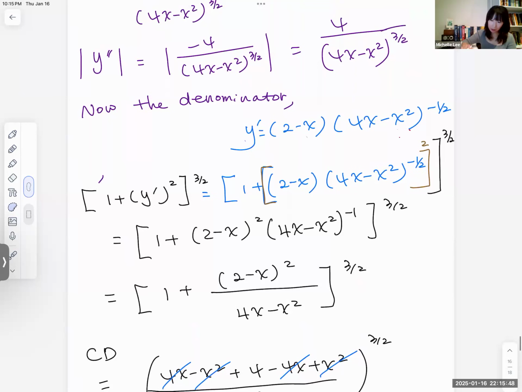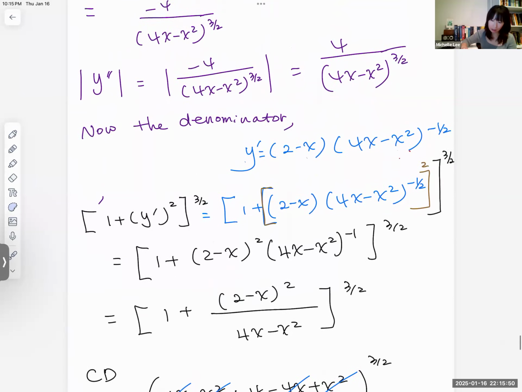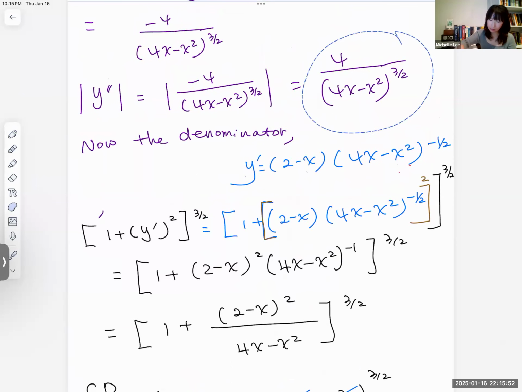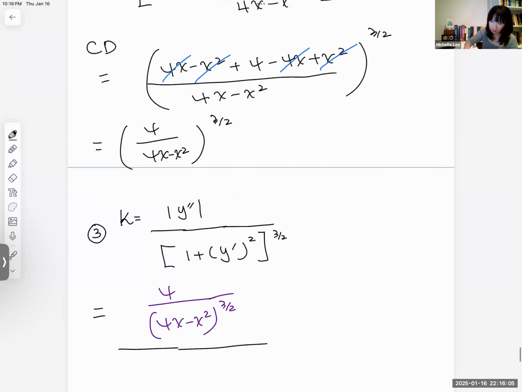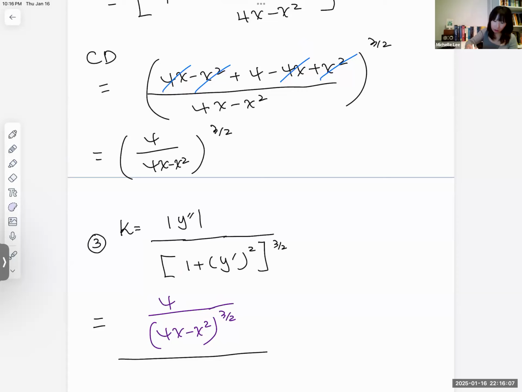Y second prime, so we have that over the denominator, we get that, right?